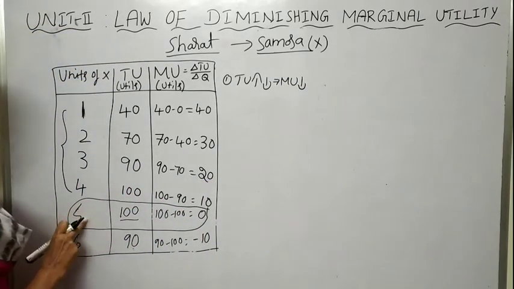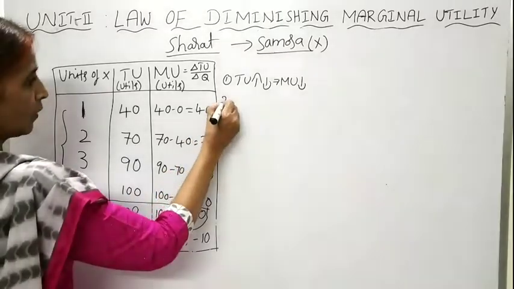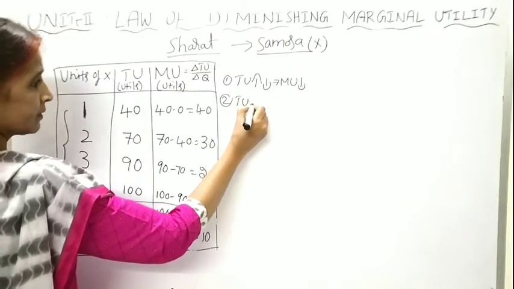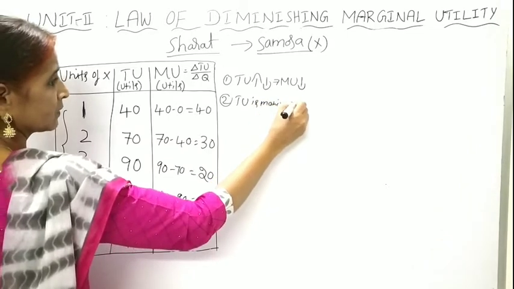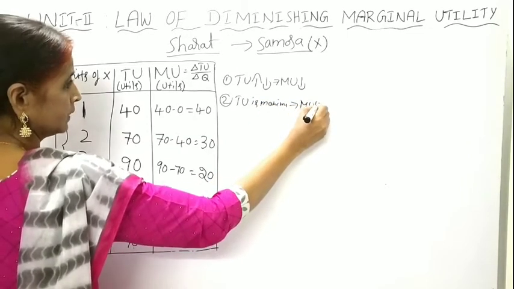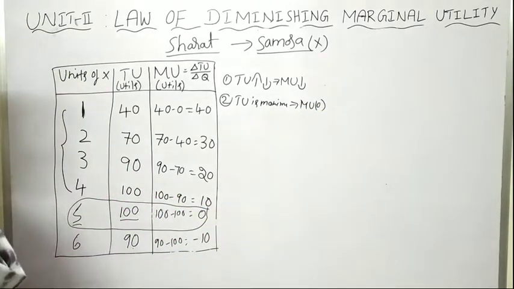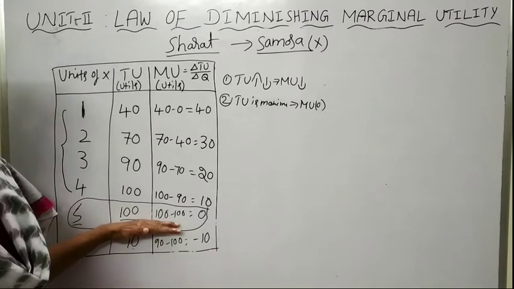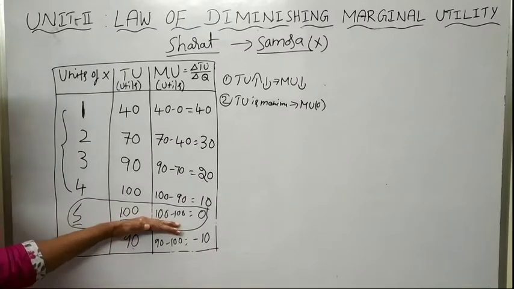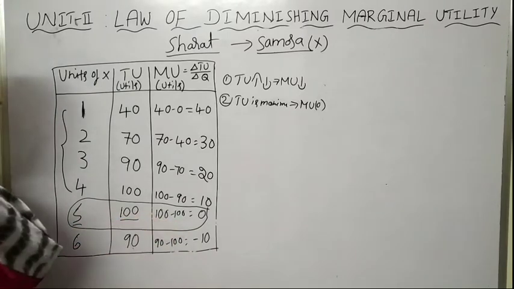And at the fifth unit, when TU is maximum, at that time MU becomes 0. So at the fifth unit the consumer is getting maximum satisfaction. His want is completely satisfied.